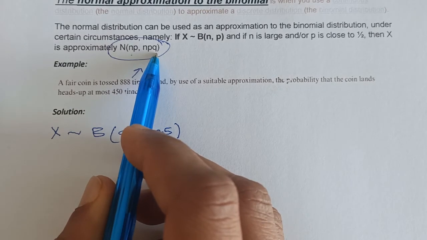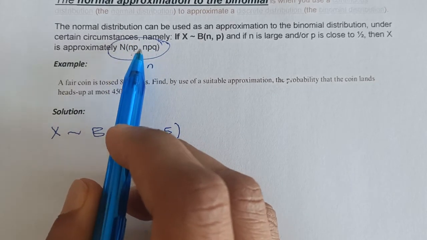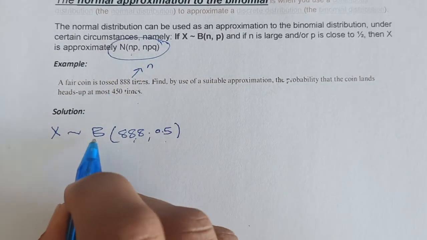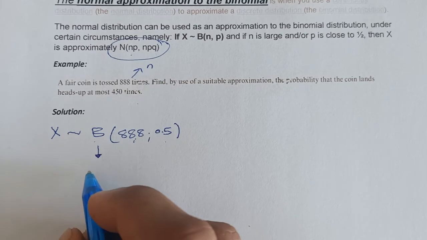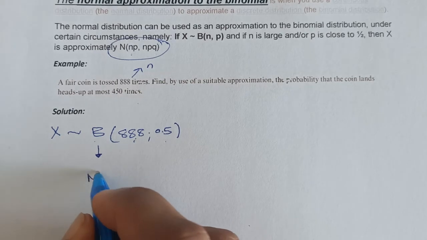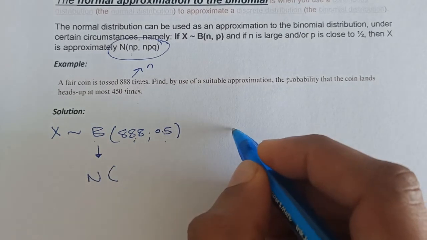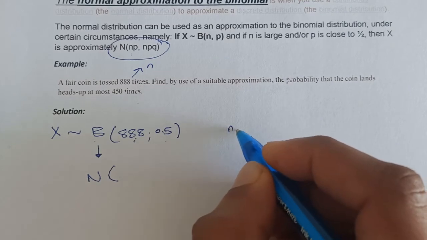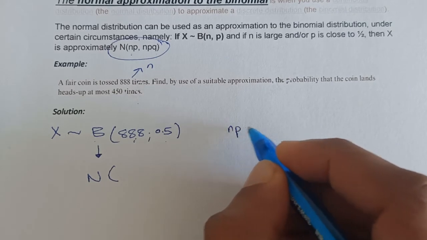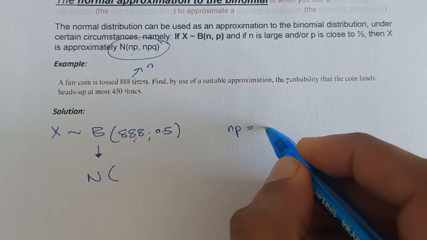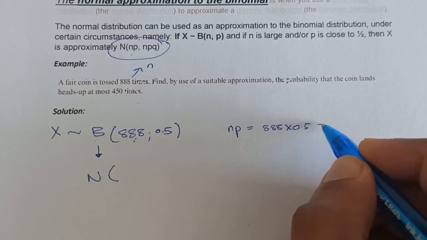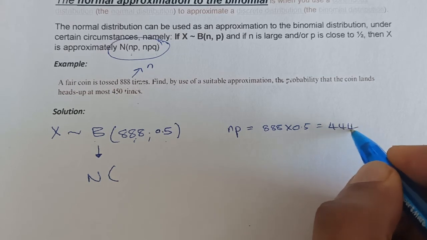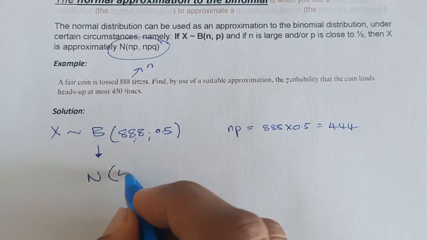Alright, so we've got to make sure that we create from the binomial the normal distribution. So here we go. This is going to be now a normal distribution. So we're going to find that n times p is going to be equal to 888 times 0.5, which is equal to 444, and that's going to be going in here.